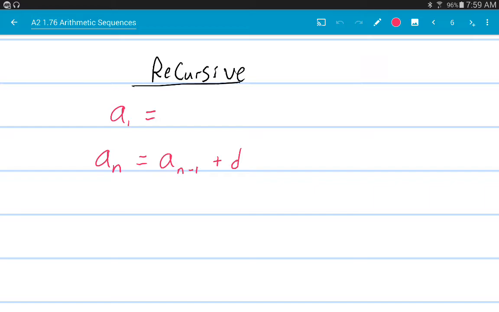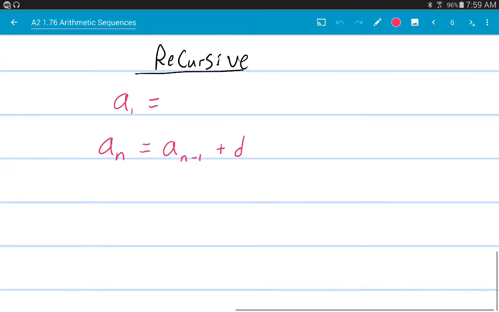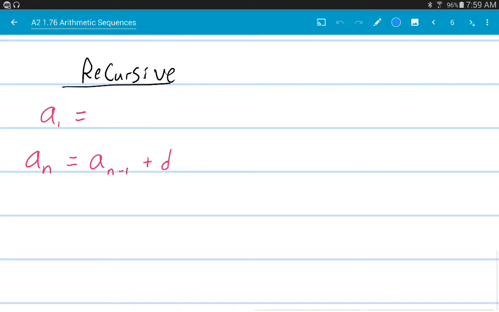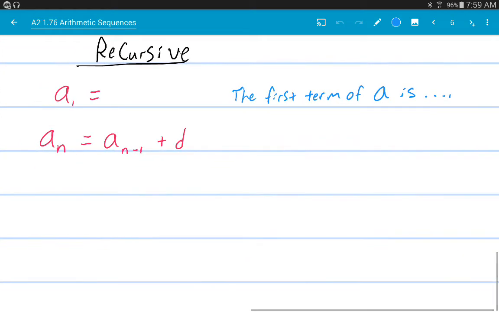Now, this is like reading a sentence, all right? What these sentences mean is the first term of A, the sequence, is ... So they're telling you where to start.